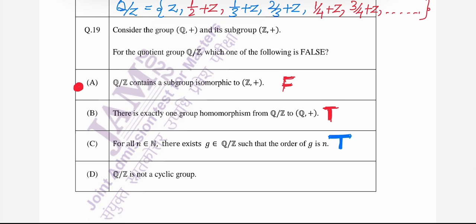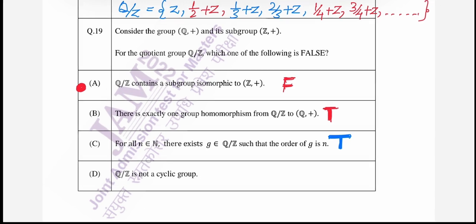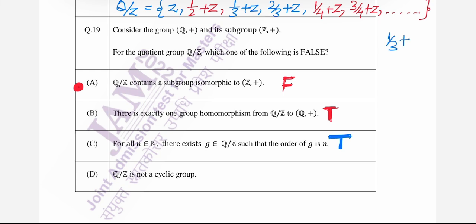the whole elements of this Q by Z group. For example, I assume that 1 by 3 plus Z is a generator. Then generator means you can add 1 by 3 plus Z as many times as you wish.